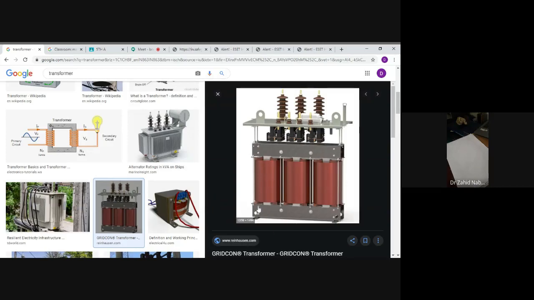Similarly, you have depth. This is the dimension for the depth of the window. The depth of the window is from one limb to another limb.